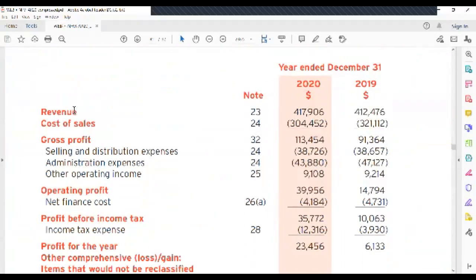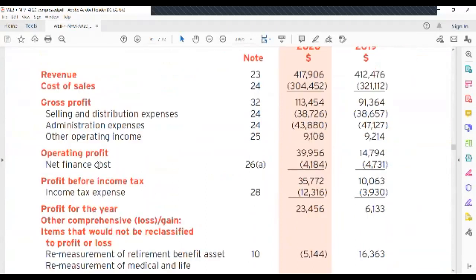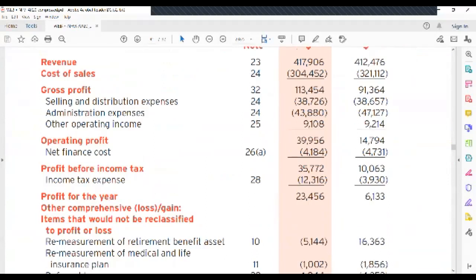So we see it's consistent, right? Because of these GAAP principles, each statement will be consistent no matter what company you use. So we have revenue, cost of sales, gross profit, right? Any operating expenses, the finance and interest expenses, income tax expenses, which gives you profit for the year.